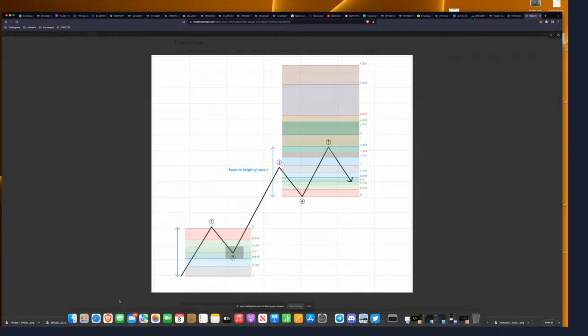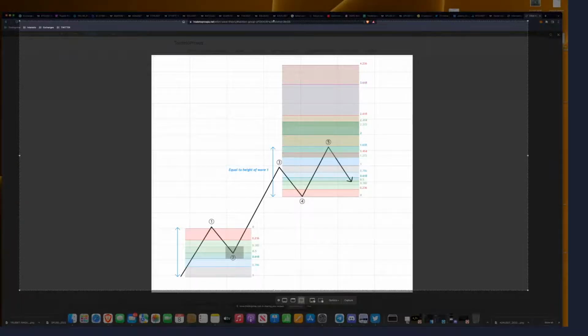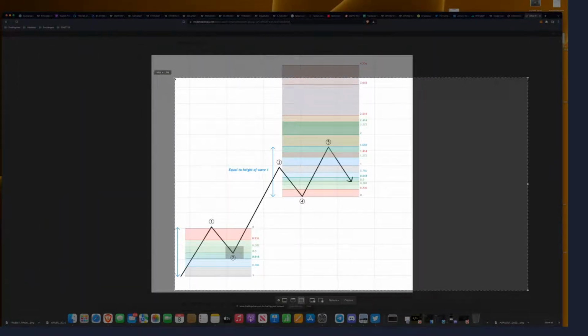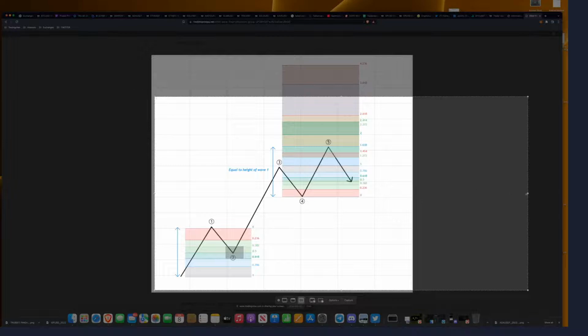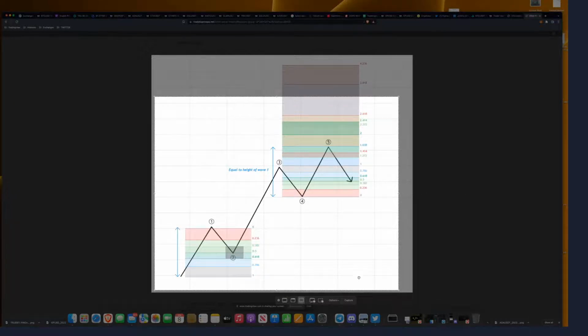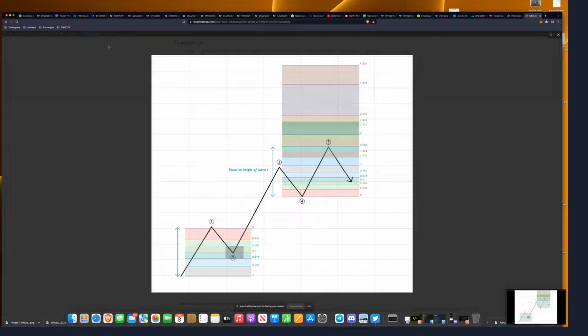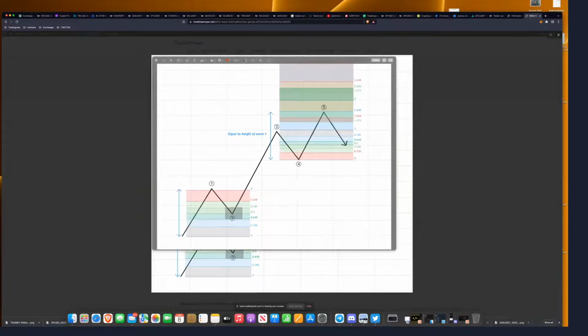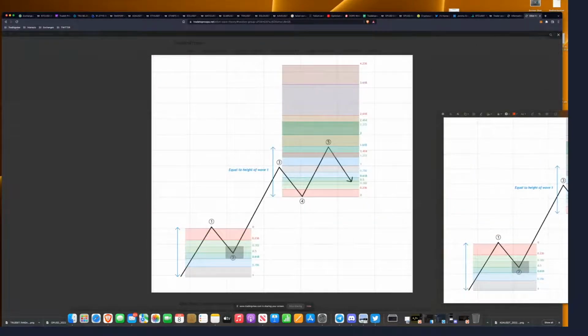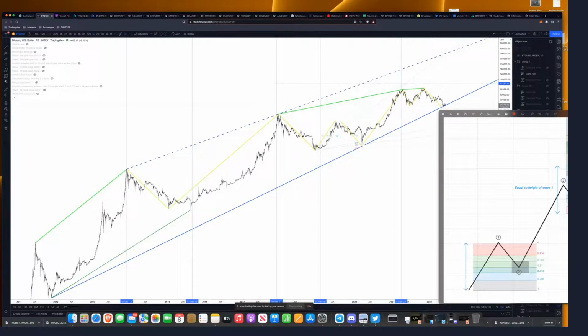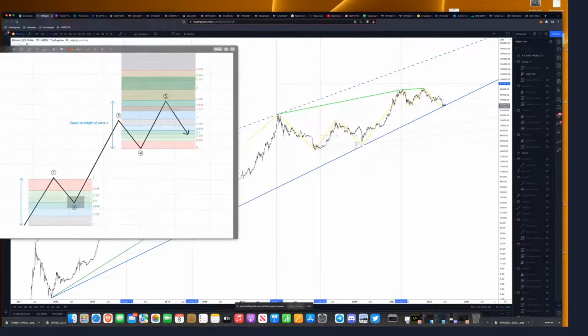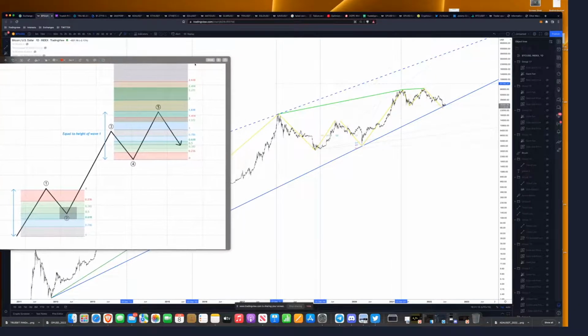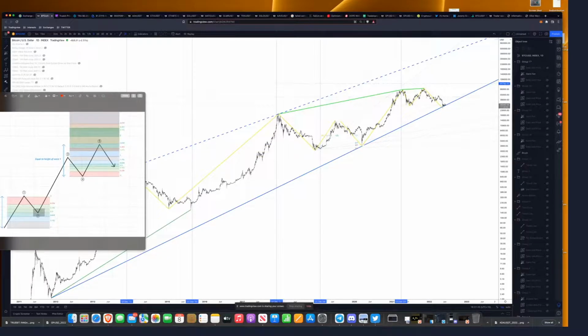Give me a sec. If I get that, I'll take a picture. I can use this now. Back onto the other chart. Can we shrink this? Yeah, we can shrink it.